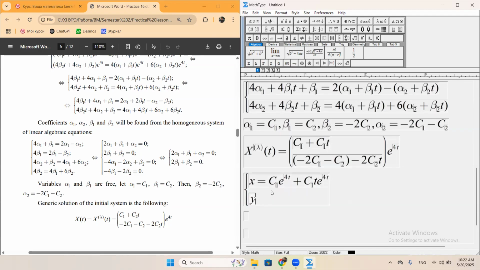And y equals this expression, with e to the power of 4t here as well. So any questions about this exercise? Okay, I guess no questions.